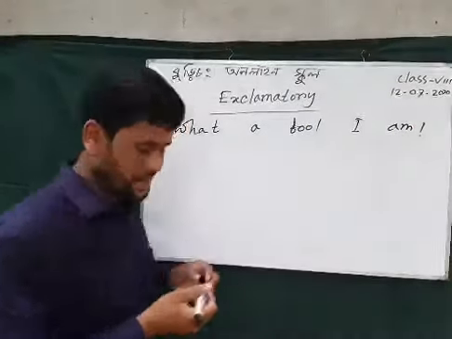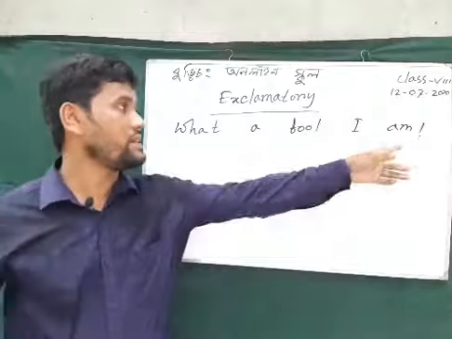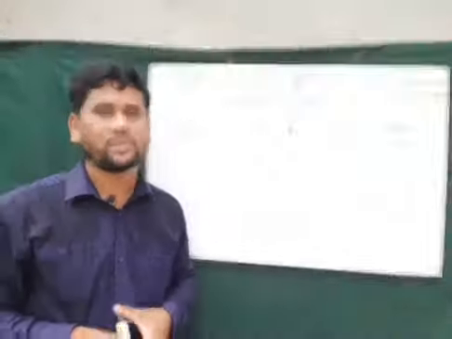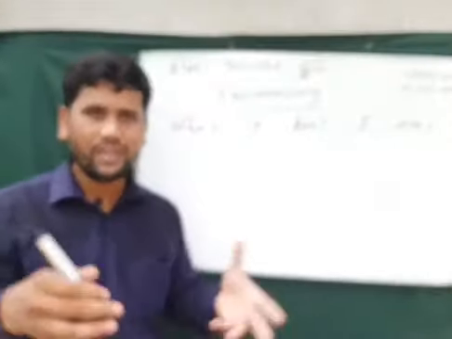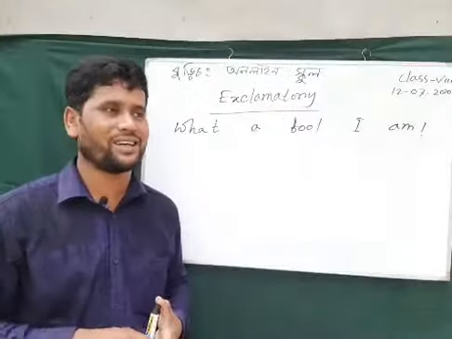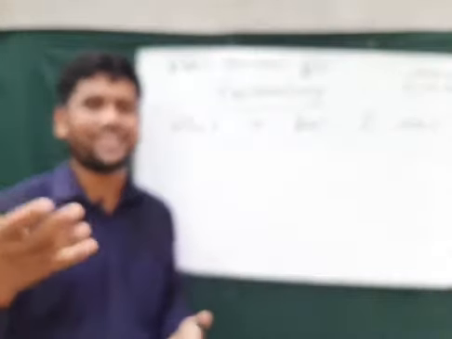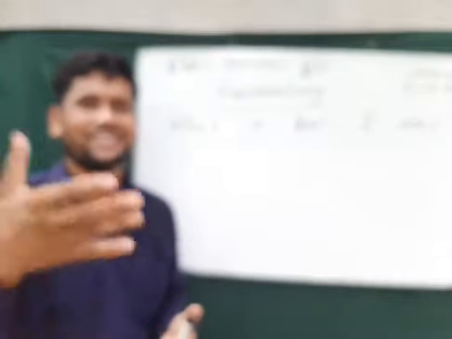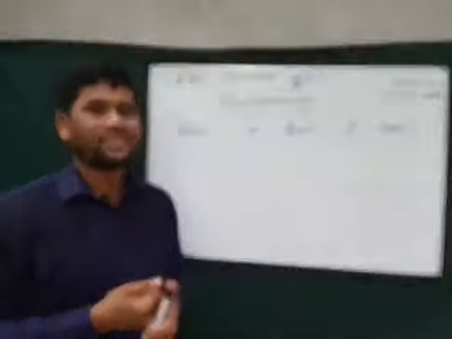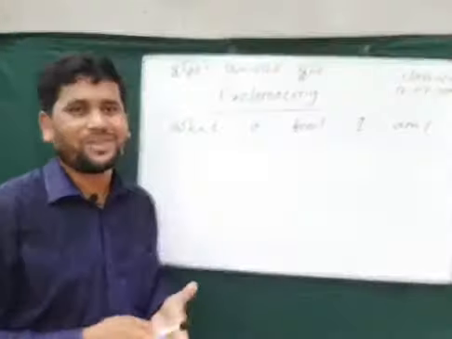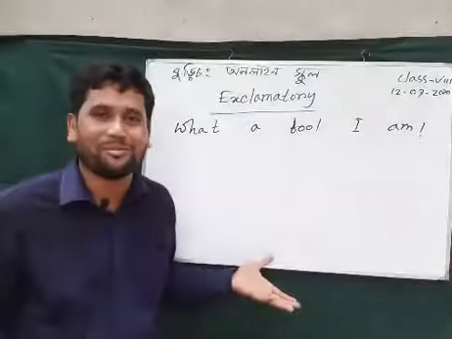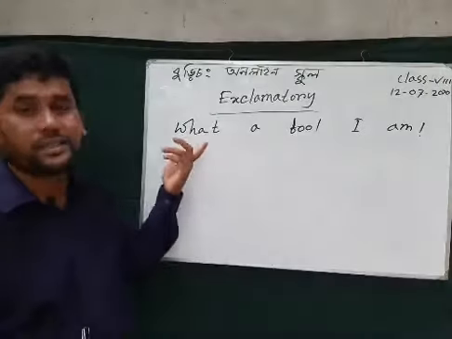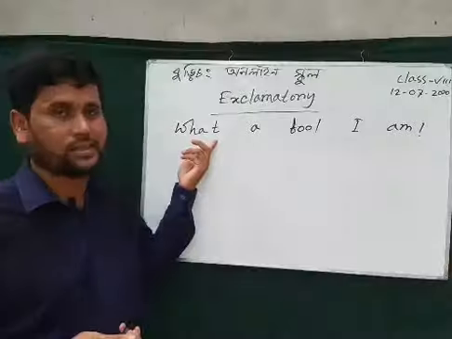And at the end we find an exclamation mark, the note of exclamation. You have already watched that. First I didn't start my class easily using my smartphone, so I can say what a fool I am. So the sentence starts with what.